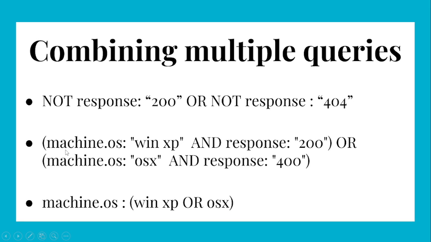Another example we have given here is machine.os should be Windows XP and the response should be 200, or machine should be OS X and the response code should be 400. So there are multiple queries. I want the records where either the machine is Windows XP and the response is 200, or the record contains the machine OS X and the response 400.